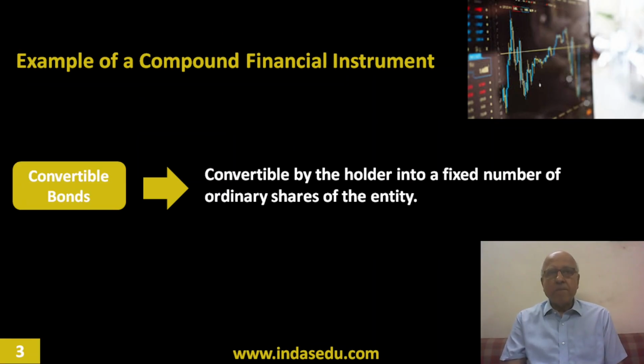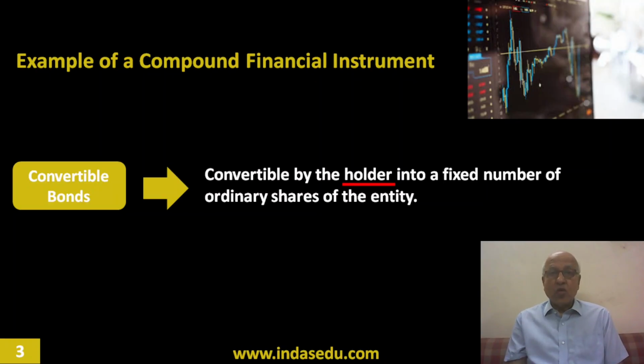An example of a compound financial instrument is convertible bonds, convertible by the holder into a fixed number of ordinary shares of the entity. So two things are important. First, it is convertible by the holder. That means it is at the discretion of the holder.